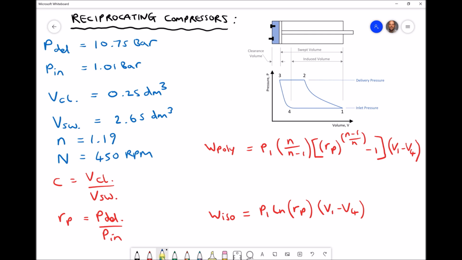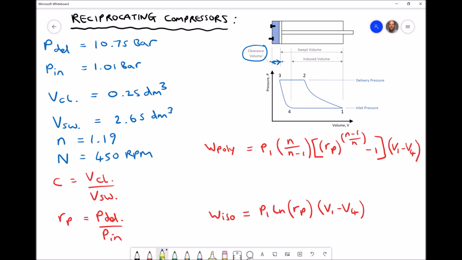So our clearance volume then is 0.25 decimeters cubed, and that corresponds with the small volume here after we've expelled all of our air into the pressure receiver. I've also indicated the swept volume, which under ideal circumstances would be the amount of air that we draw into the system, because it corresponds to the full distance that the piston head travels through the piston body.